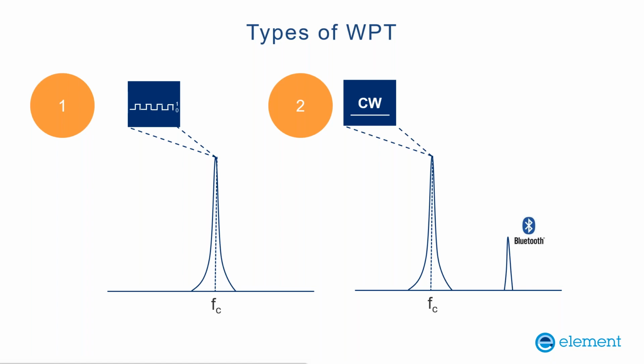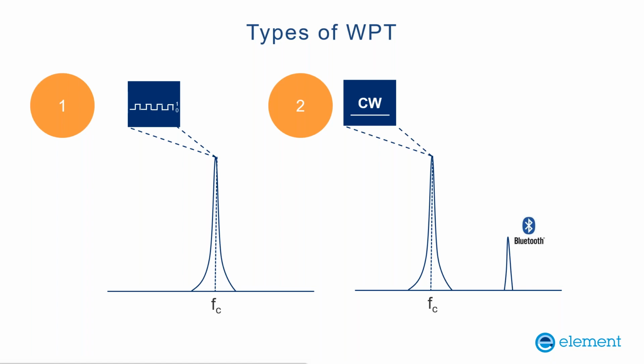One where the frequency has no intelligence, it's just a pure CW signal, and the other where it's got some form of modulation, which is, if you like, an intelligent signal. The reason why that is really important is because around the world we have different regulations that apply depending upon which of those two categories it falls into.